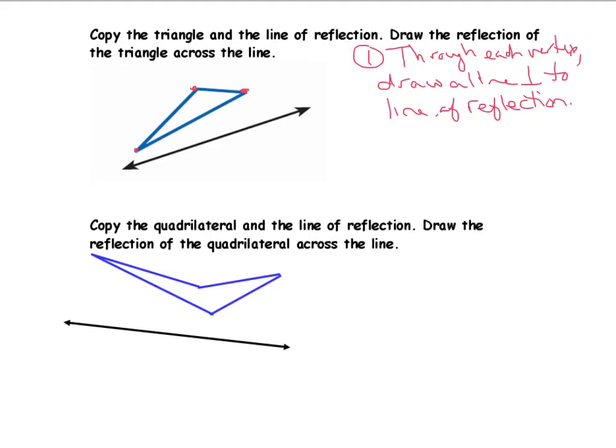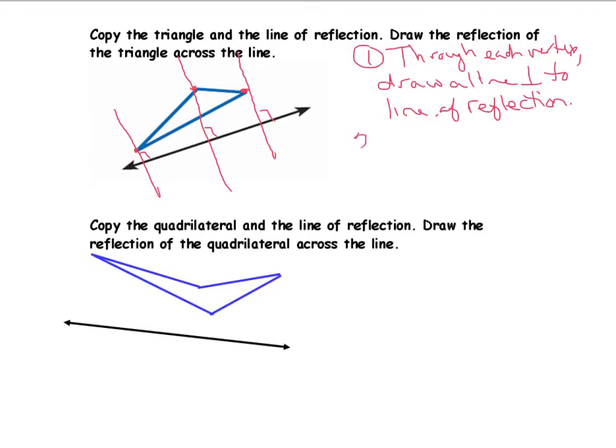Okay, so that would be like this. And hopefully I can do this without a straight edge. A line here, this would have to be perpendicular. A line here, perpendicular. And a line here, perpendicular. Okay, that's step number one.